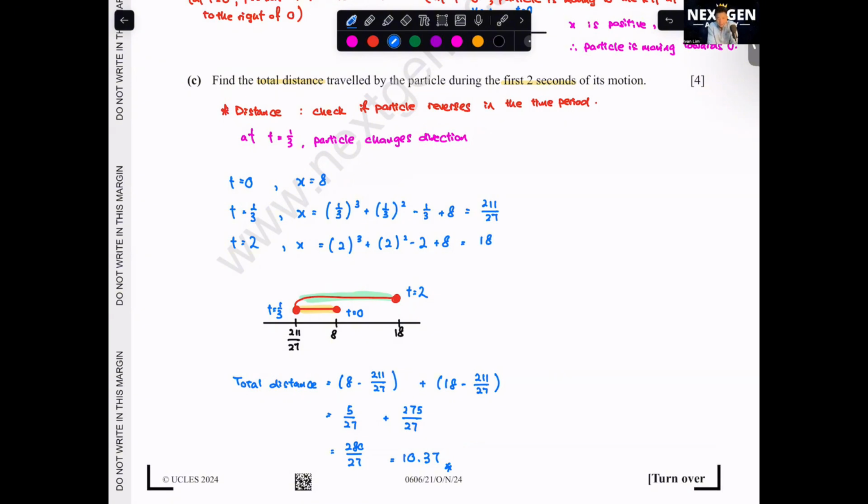All right. Let me ask you all a question. If the question just asks you what is the displacement, we just change the question. Find the displacement of the particle. What's your answer? The displacement of the particle.